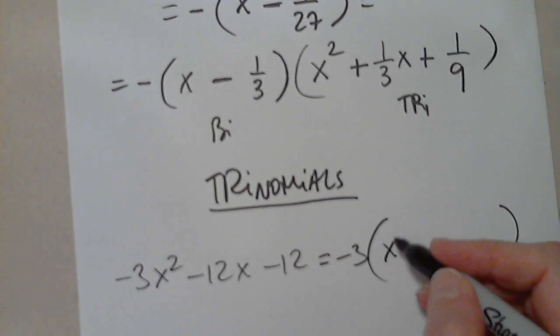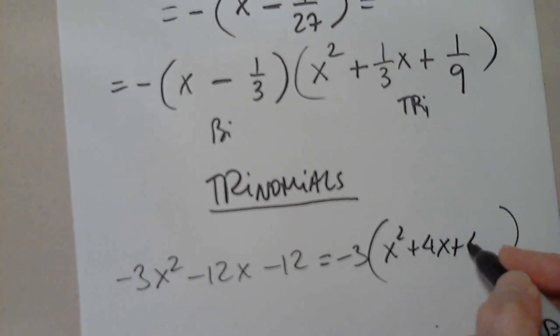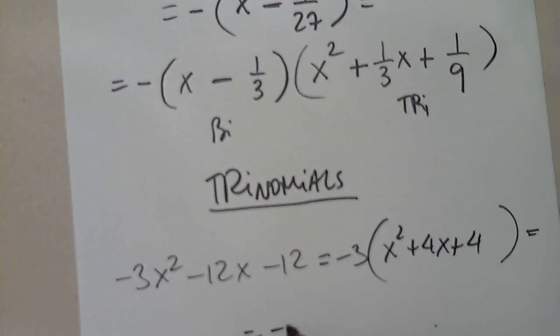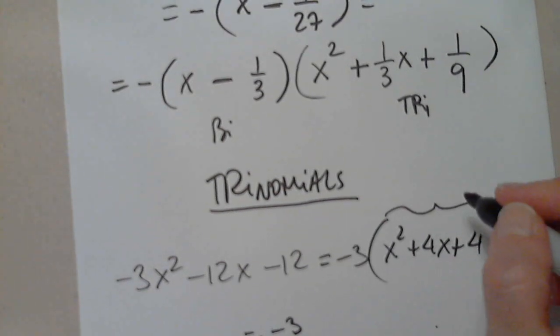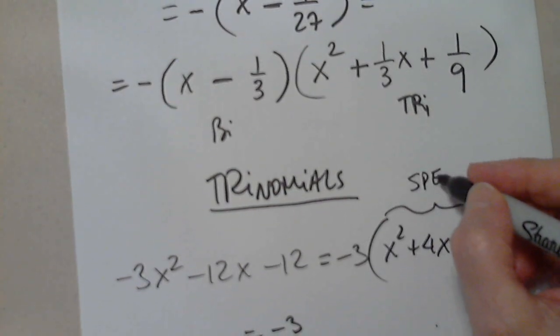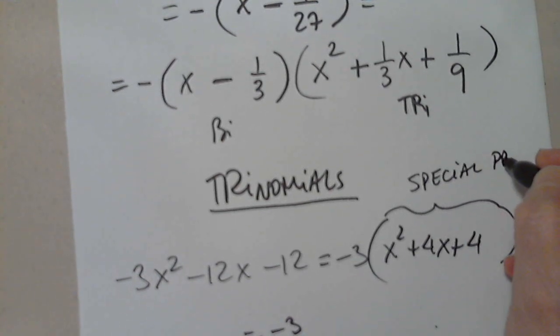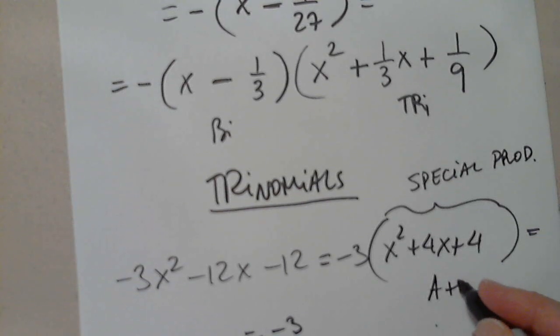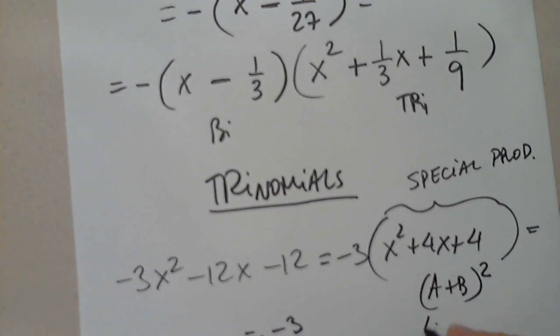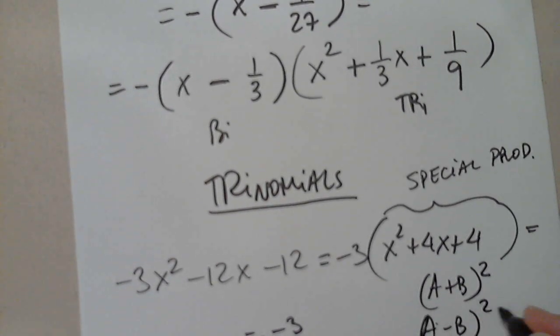X squared plus 4x plus 4. Excellent. So -3. Now, at this point, I will always try the special products, which are a plus b everything squared or a minus b everything squared.